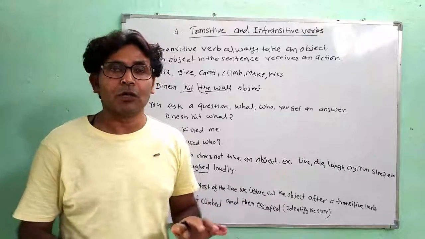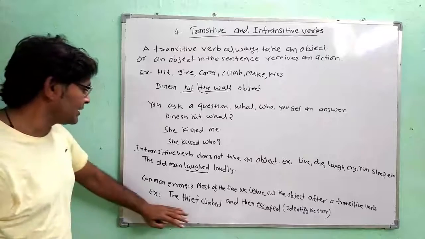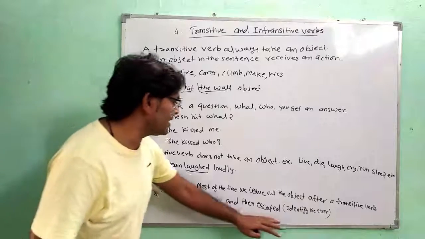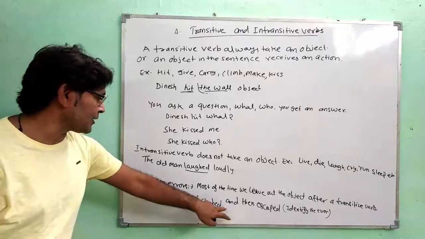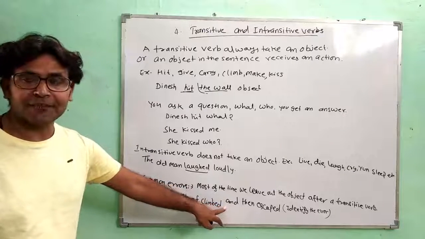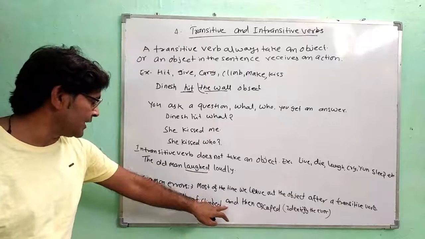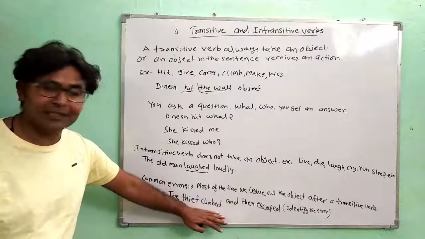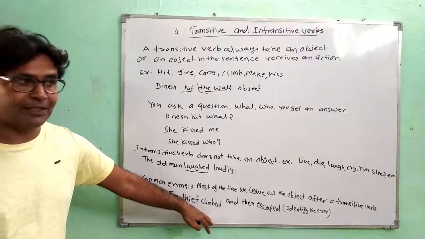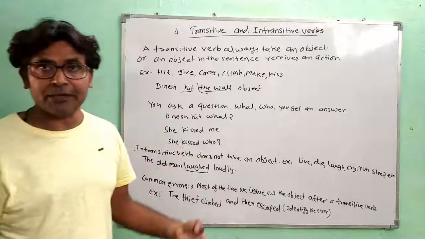Let's take an example: the thief climbed and then escaped. Something is missing here. Can you identify the error? There must be an object here, because climb is an action which is received by an object.